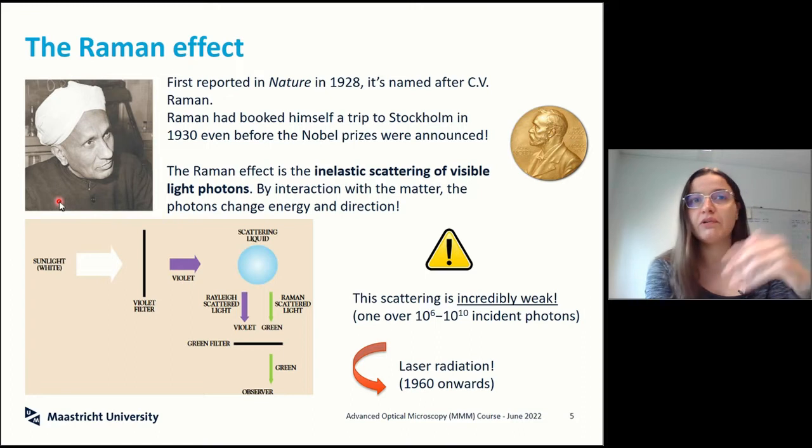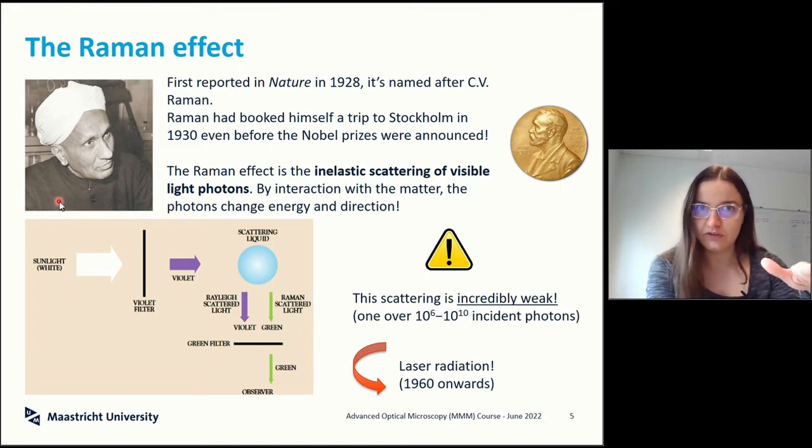Equipment that we would have in the Western world was not equivalently available in India, and yet Raman managed to record this effect in an incredibly systematic way.